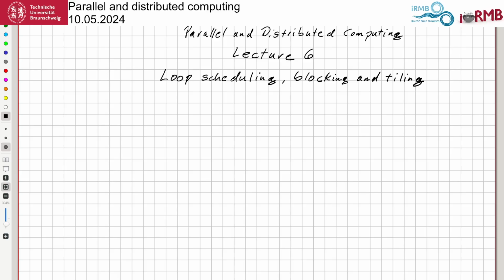Today we'll talk a bit about one problem that we got in the exercise last time, where you remember we were computing the number of primes in an interval. The primes become sparser and sparser, and the larger the number is, the more difficult it becomes to compute them.